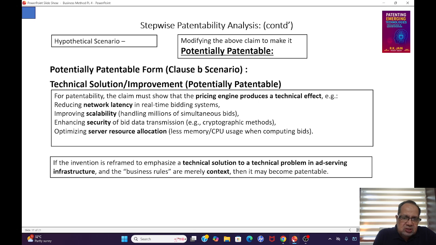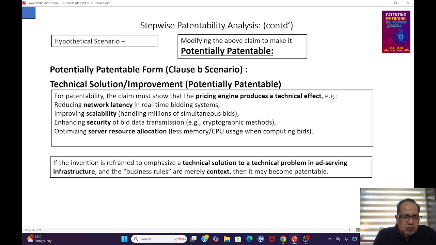That is, we use this calculation business method to improve the efficiency of the server itself. Maybe it uses less memory, or the business method is formulated in such a manner that less RAM is used so that it expedites the whole thing.